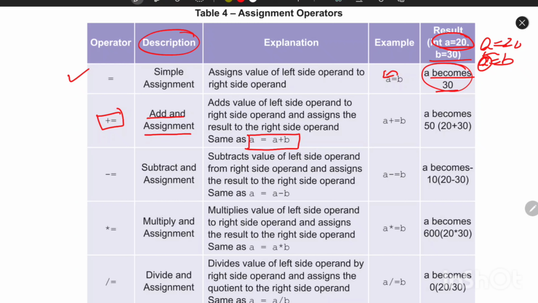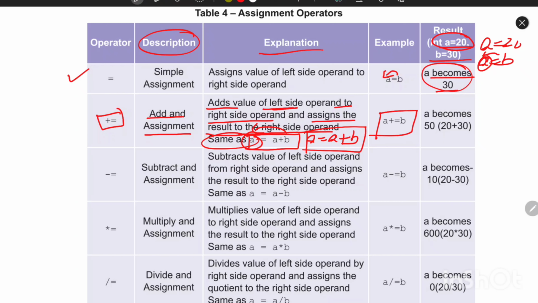The description of this operator you can read here: it adds the right side operand to the left side operand and assigns the result to the left side operand, such as a equal to a plus b. If you write either of these, the answer will remain the same and a becomes 50.